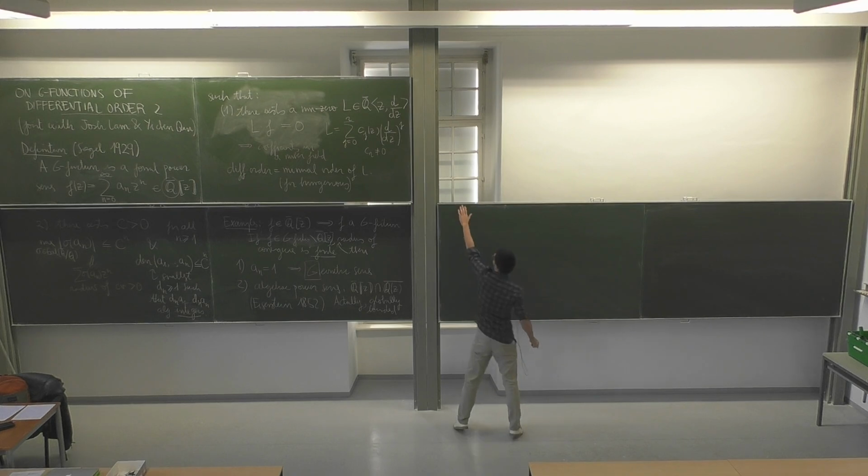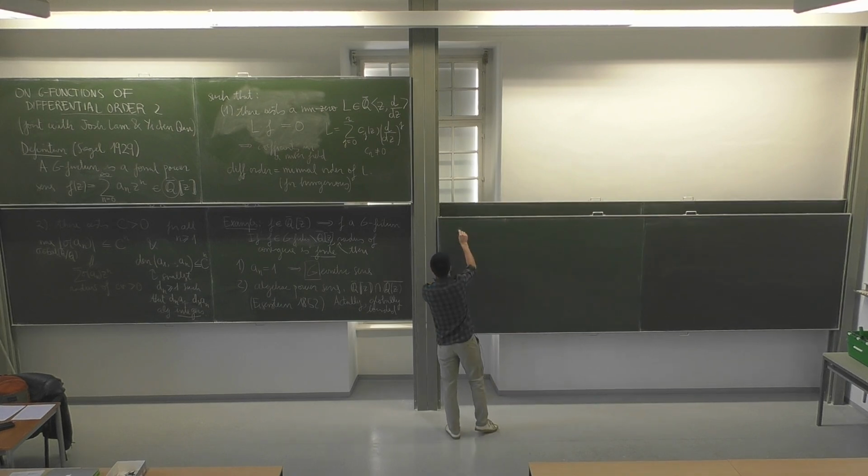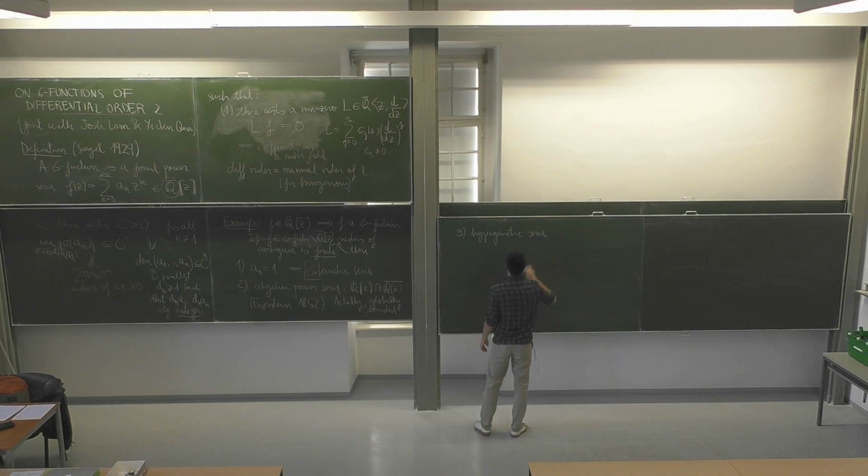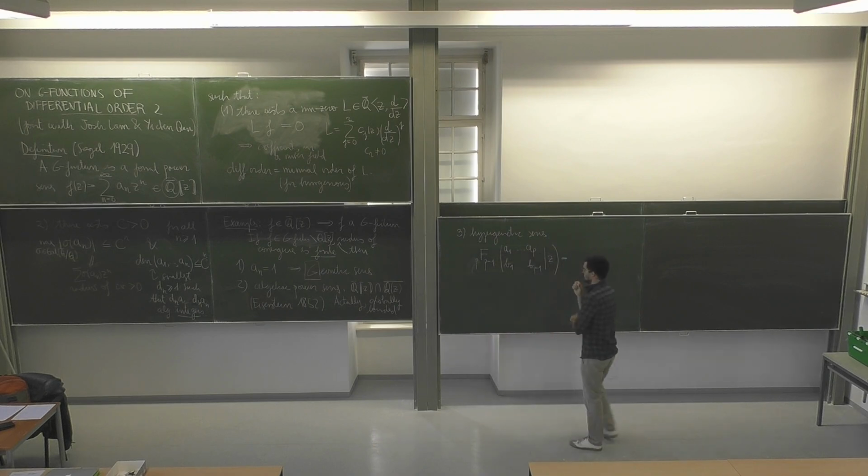And third example is given by hypergeometric series, with parameters a_1 to a_p and b_1 to b_{p-1}. Okay, so let me write down the formula and then I'll tell you how to think about them.